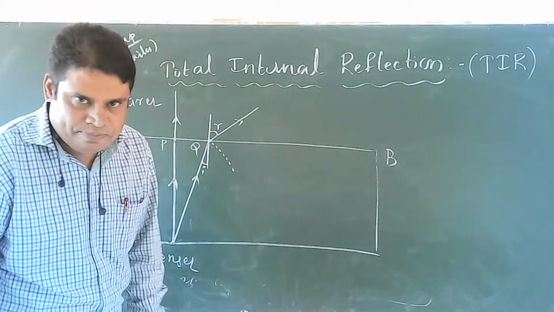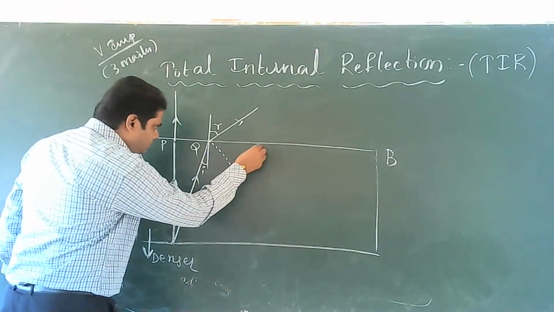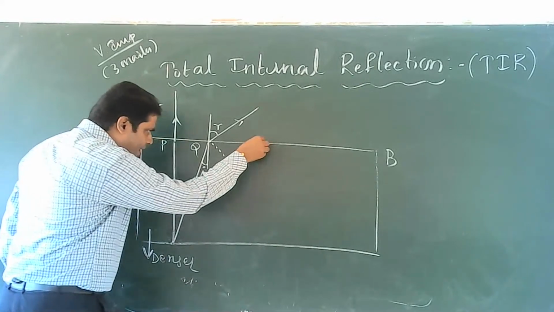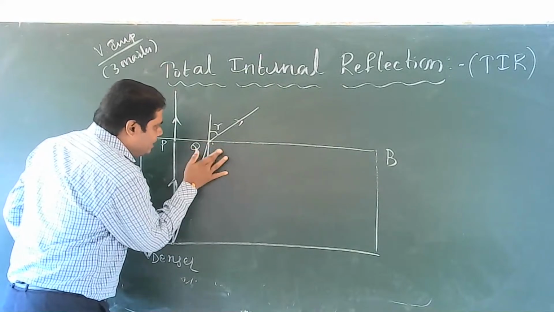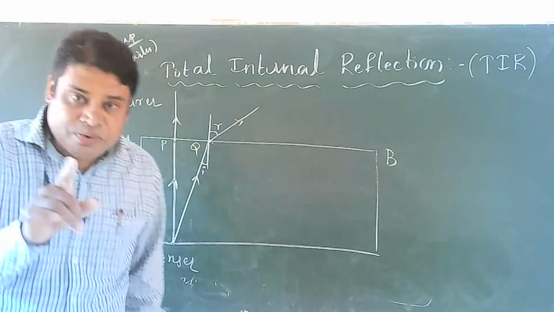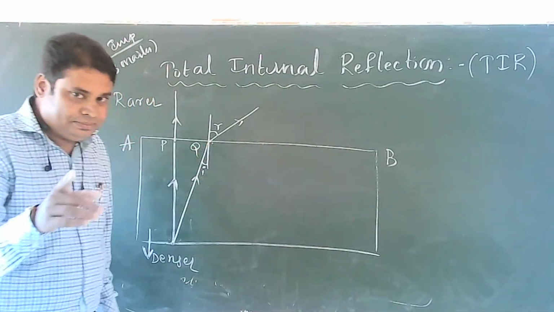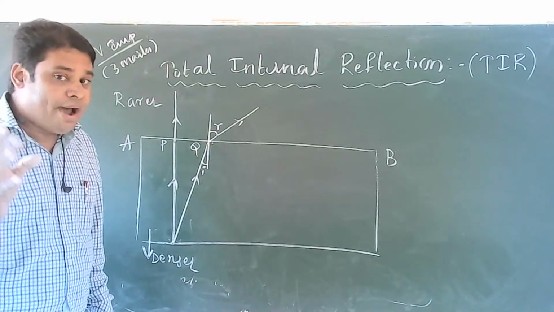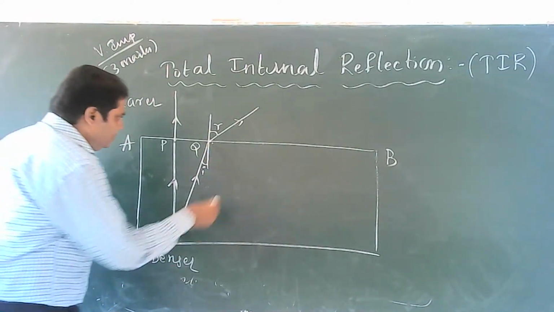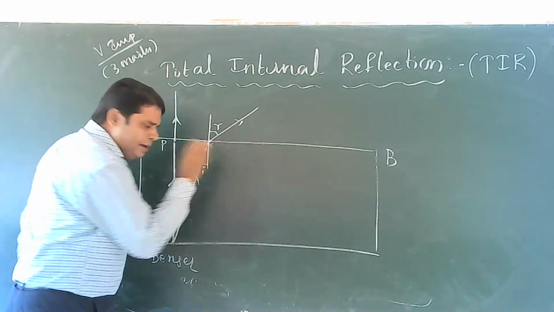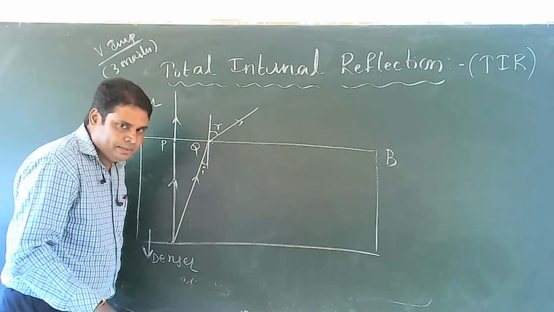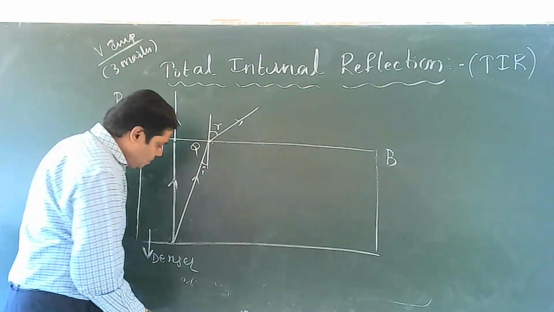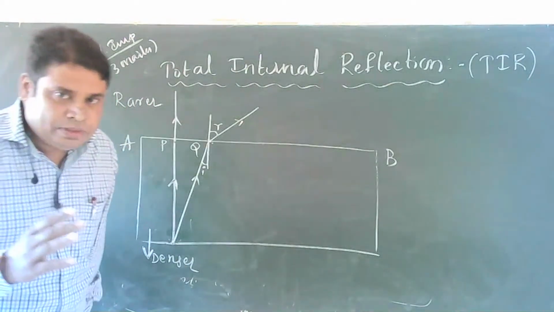In my notes I have not mentioned the reflected ray, to avoid confusion. In your notes, there is no reflected ray. But remember, a part of light is always reflected back there.